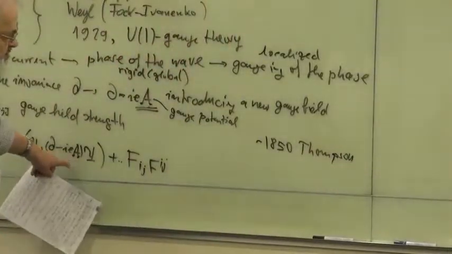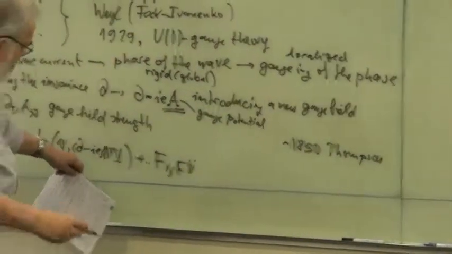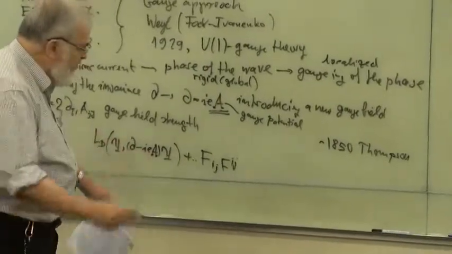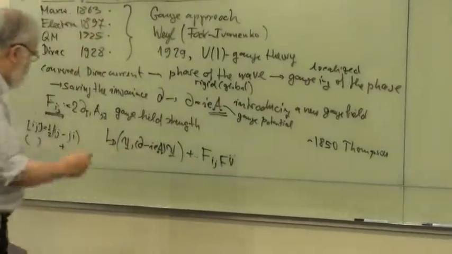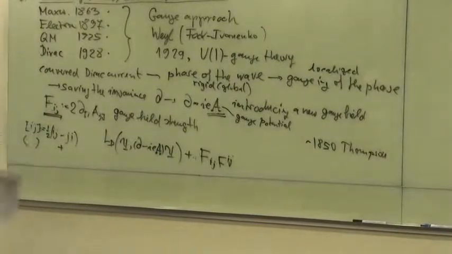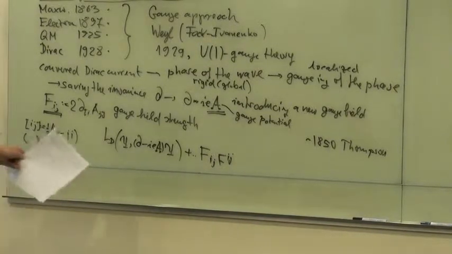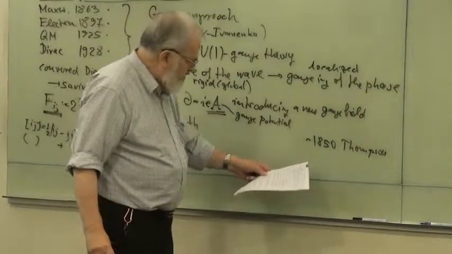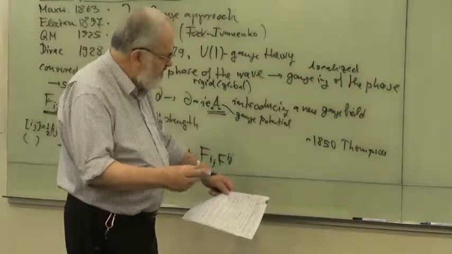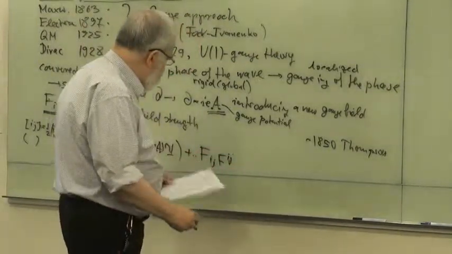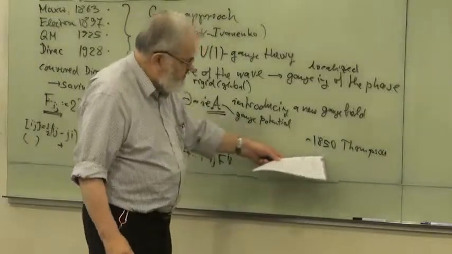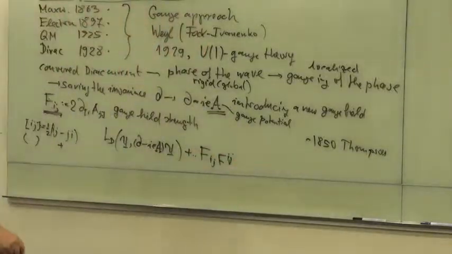So this has an old history, and if you really go back in the literature, already Gauss used, in the description of the magnetic field, the A, a quantity which is what we nowadays call A. And its gauge invariance, that the field strength is gauge invariant, is I think Thomson 1850.